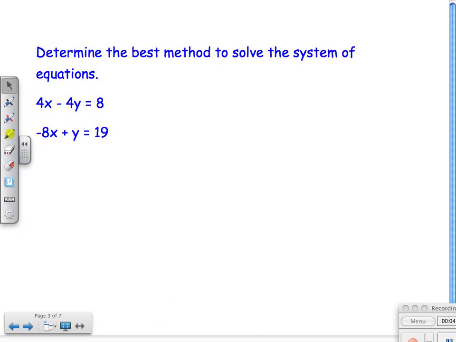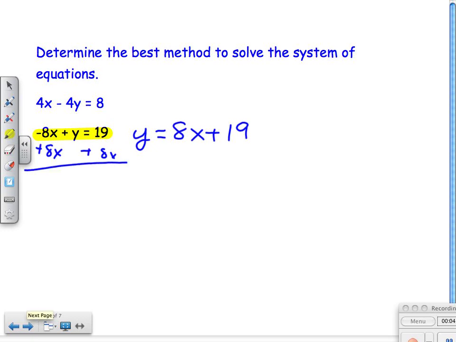But I see in this equation that we have a term that has a coefficient of 1. So we could solve for y: we could subtract 8x from both sides and get y equals 19 minus 8x. So we could do that.